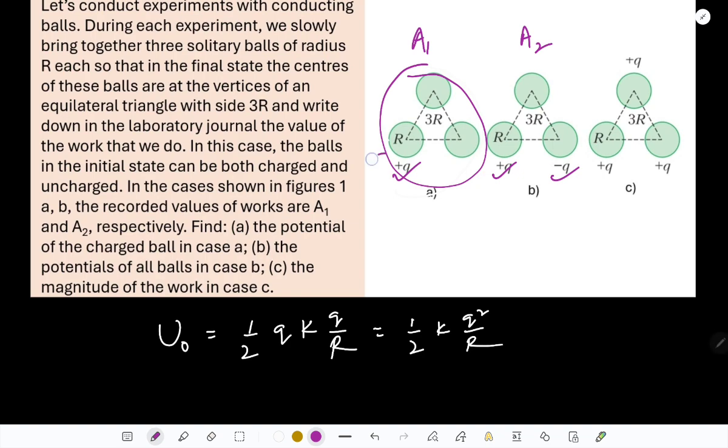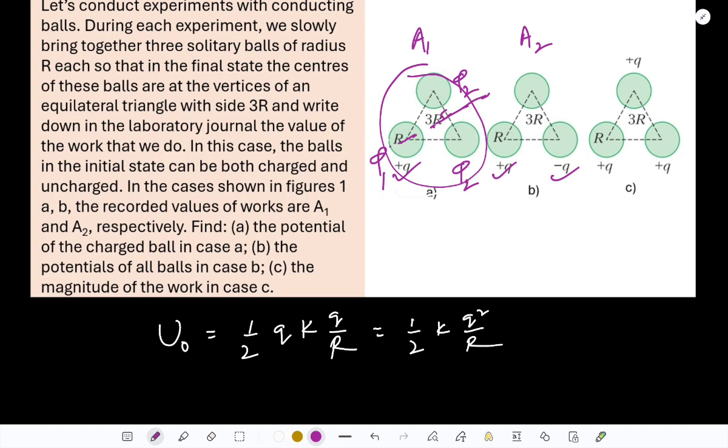Suppose that this potential is phi1, then both of the other two will have the same potential phi2, because one symmetry is also available here. If we draw a perpendicular and rotate it by 90 degrees, nothing will change, so they will have the same potential by symmetry.